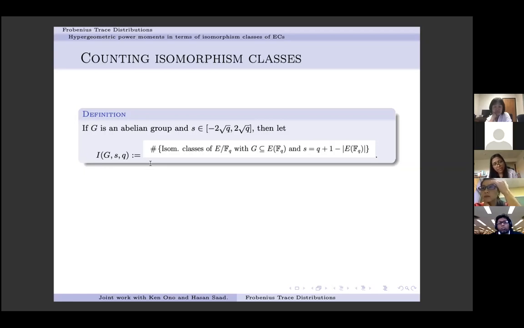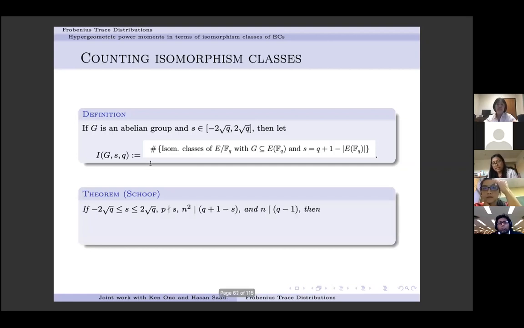In particular, if G equals Z_n times Z_n, then all the numbers are given by Schoof. He proved that if S is coprime to p, and if n squared divides q plus 1 minus S, and n divides q minus 1, then this number is given by this Hurwitz class number. This is an important theorem which plays an important role in our work.